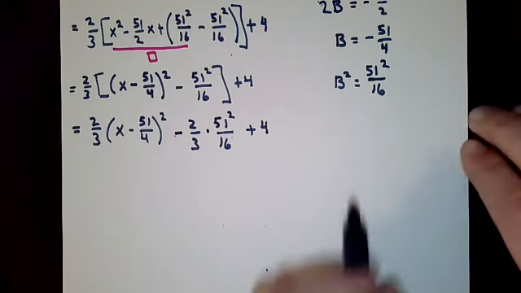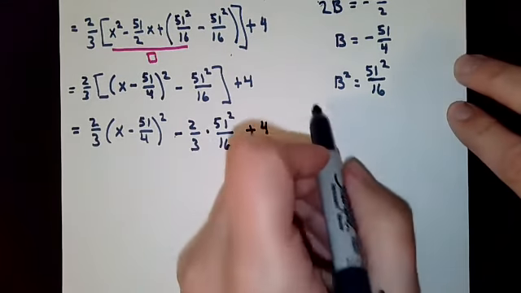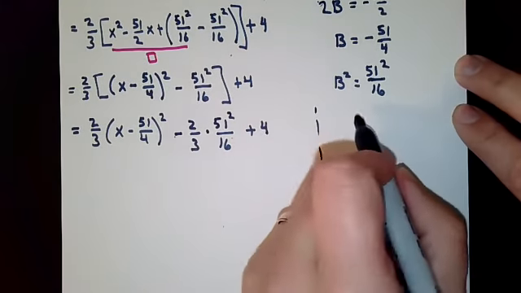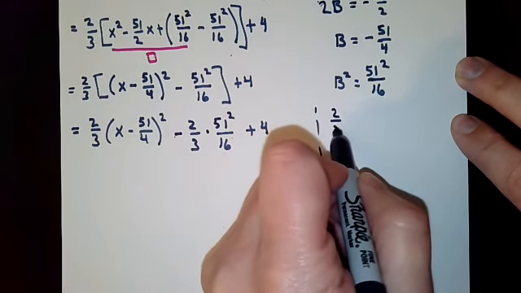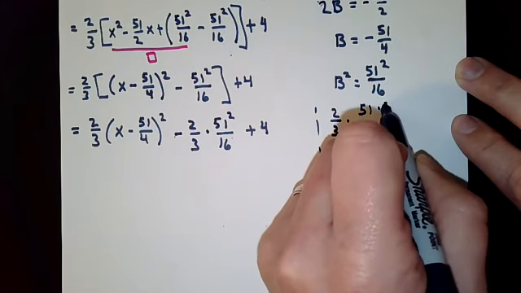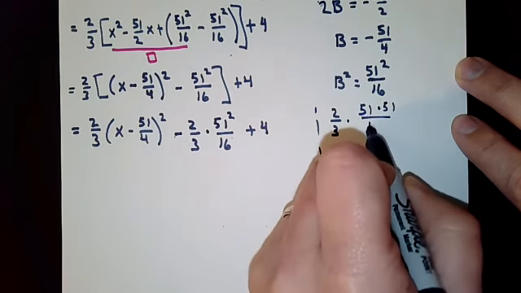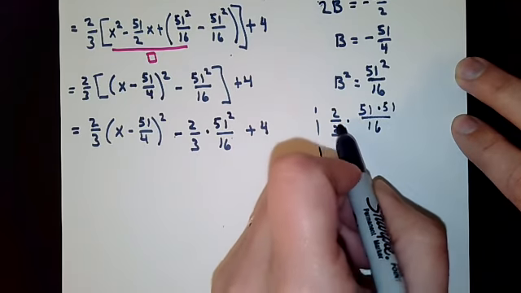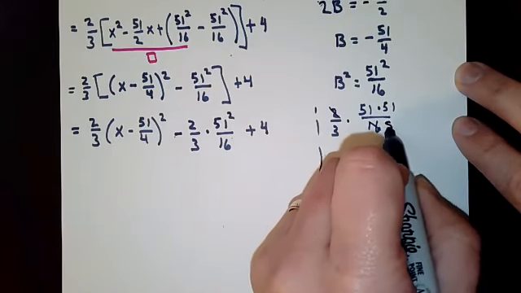Well, let's see here. Let's come over here and play with these fractions a little bit. It's a little scrap work off to the side here. Okay, so 2/3 times 51 times 51 divided by the 16. So the 2 and the 16 will reduce.